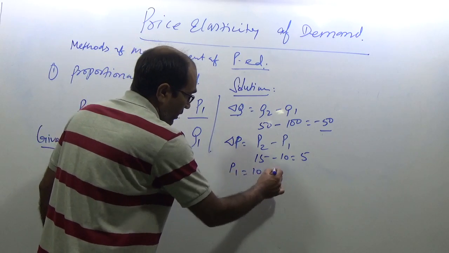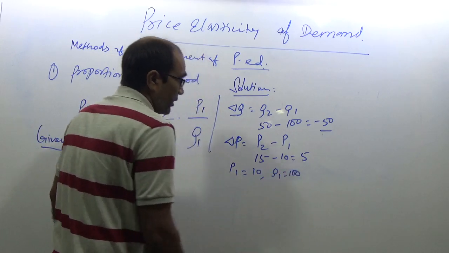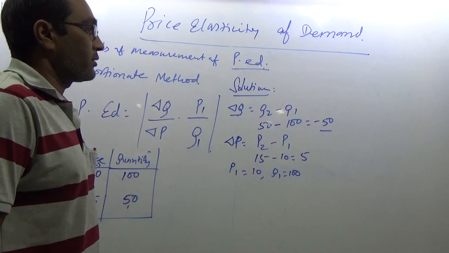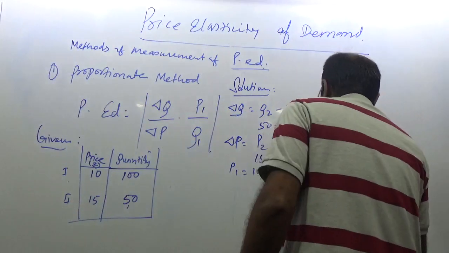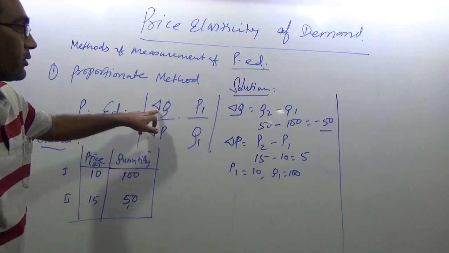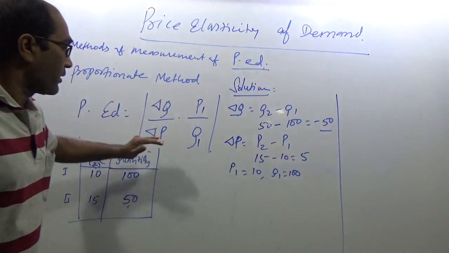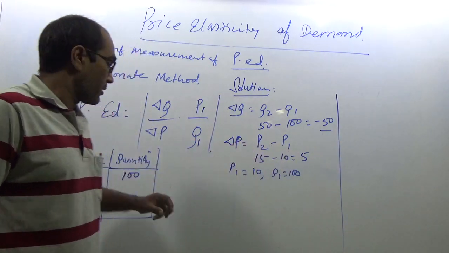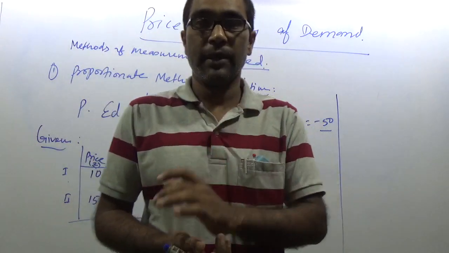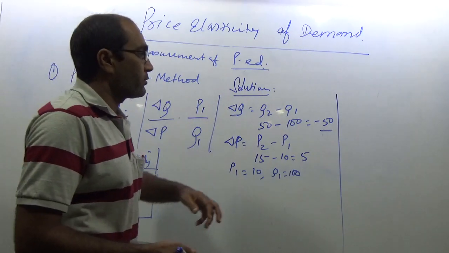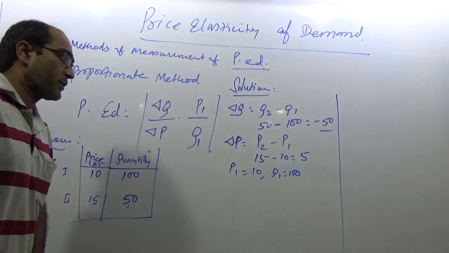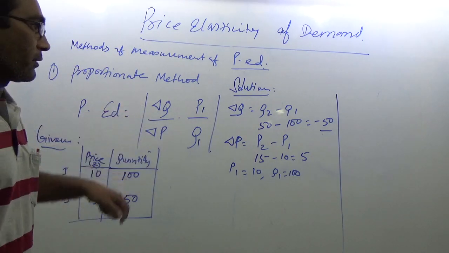P1 equals 10 and Q1 equals 100. See, we have to put the value into the formula to calculate. Delta Q minus 50, delta P 5. But if we are taking the mod to ignore the algebraic sign plus minus, no need to consider the negative sign with 50. You have to apply 50 upon 5.